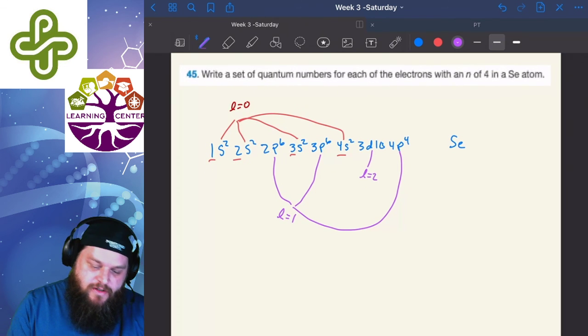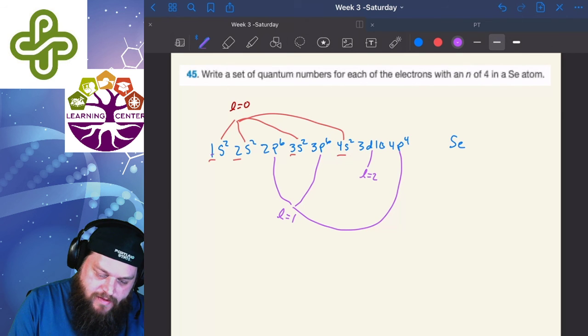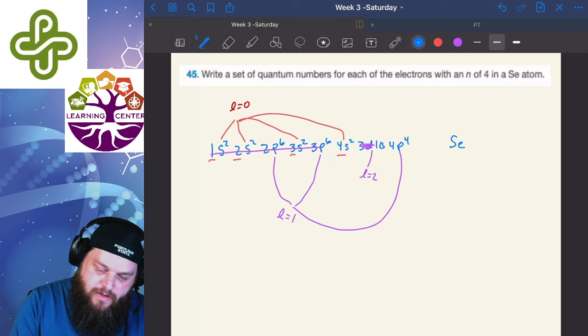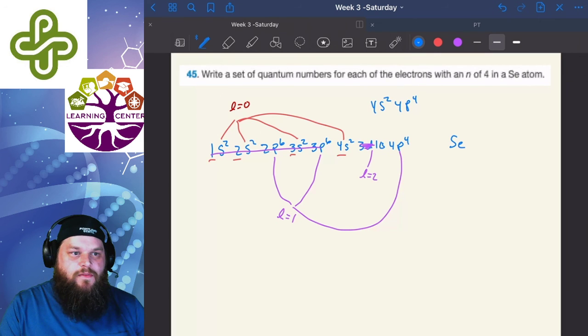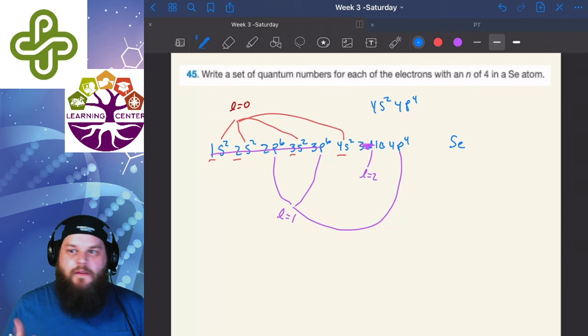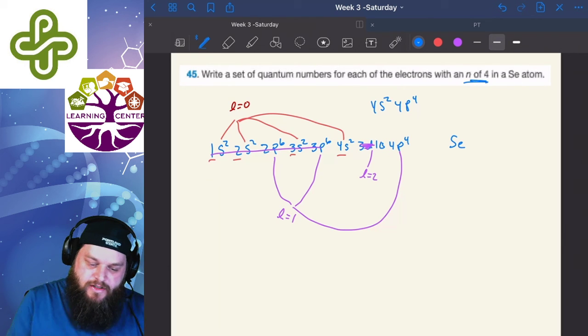So really we're just looking at the 4 numbers. All of these other ones here, all these 3s, we can ignore. We really just want to look at the 4s2, 4p4 electrons. What are the quantum numbers of those? Focusing just on that n equals 4.